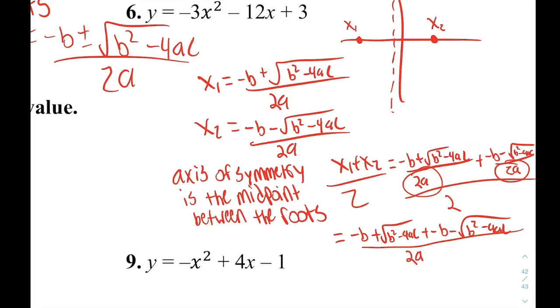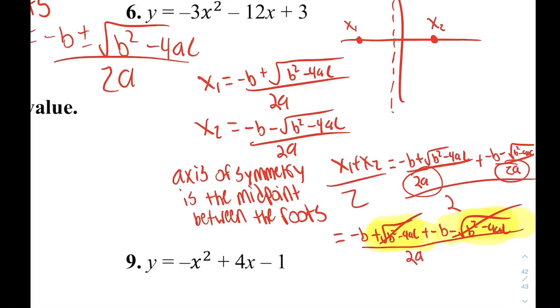And then with this, we can see that we have plus square root b squared minus 4ac, and we have minus square root of b squared minus 4ac. Since I have the positive version and the negative version of that square root, they're going to cancel each other out.